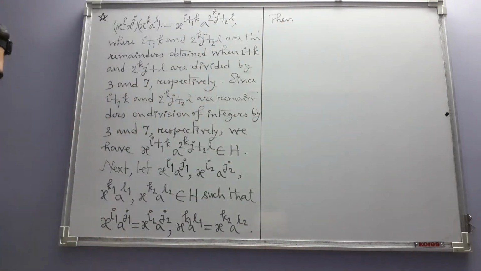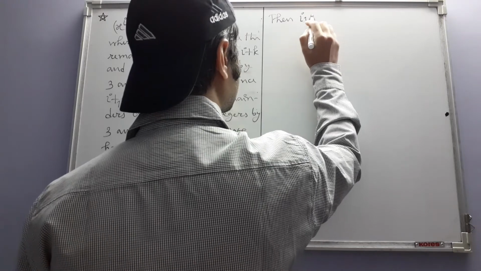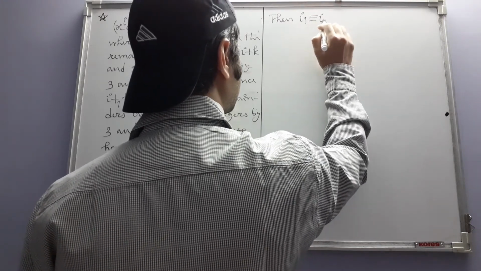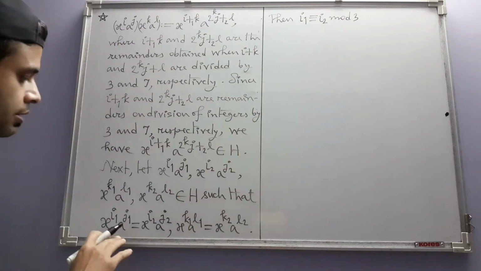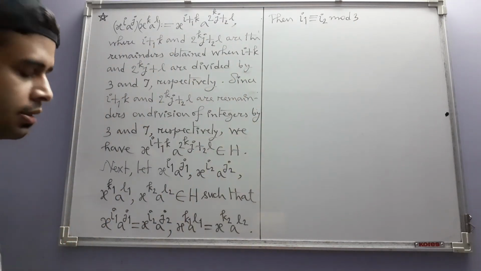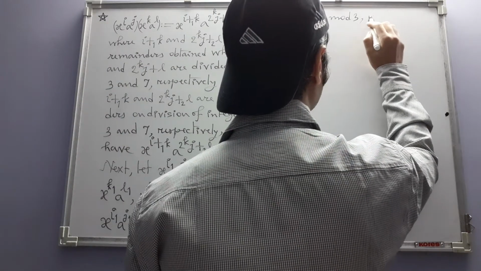The first equality implies I1 is congruent to I2 mod 3. And here we are not doing anything, this is what the author says. Similarly, J1 is congruent to J2 mod 7.